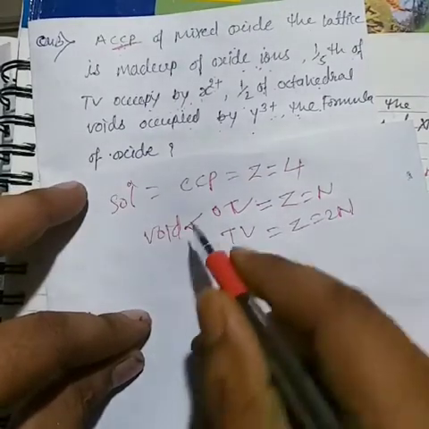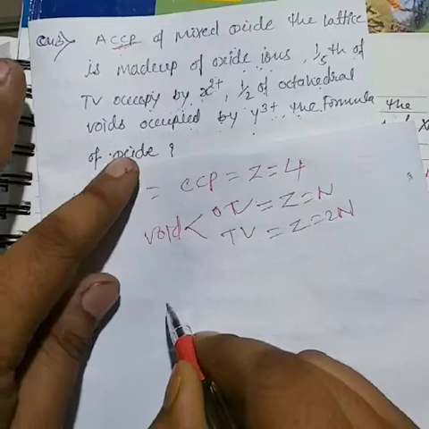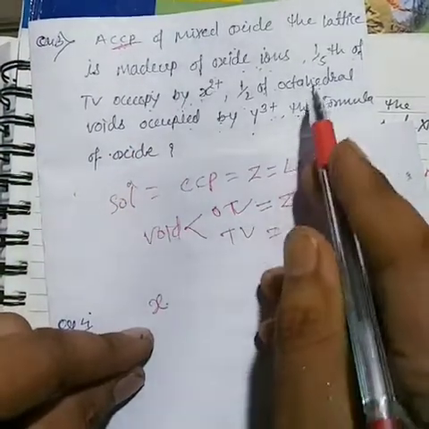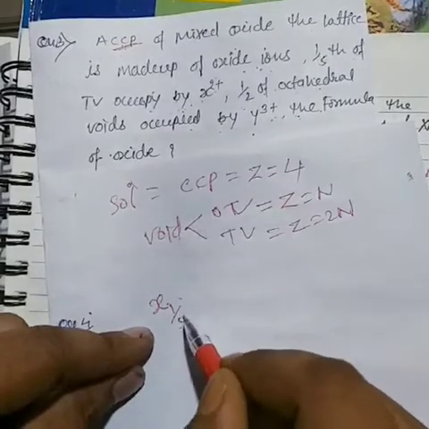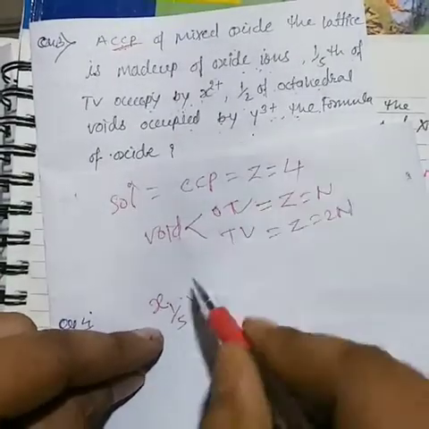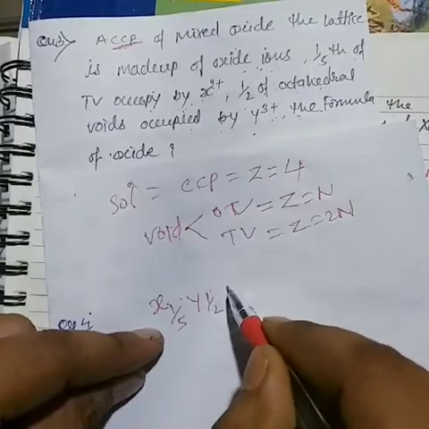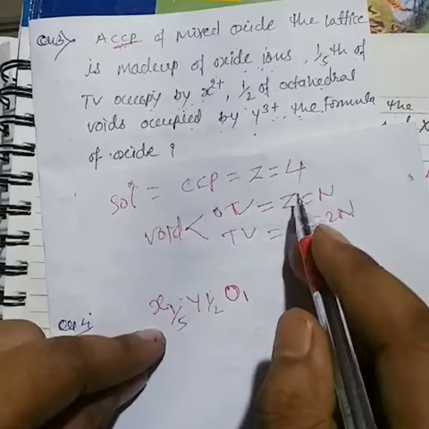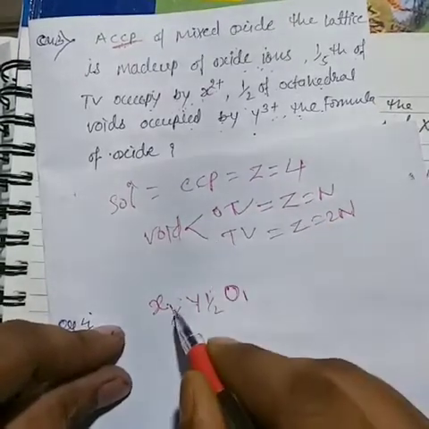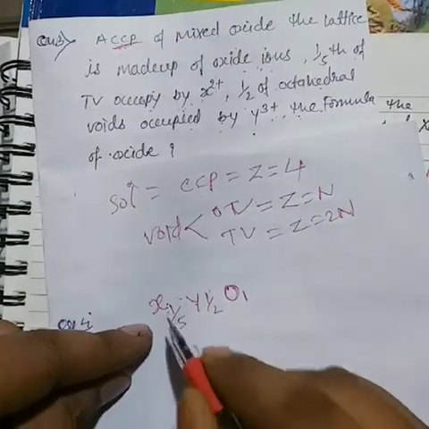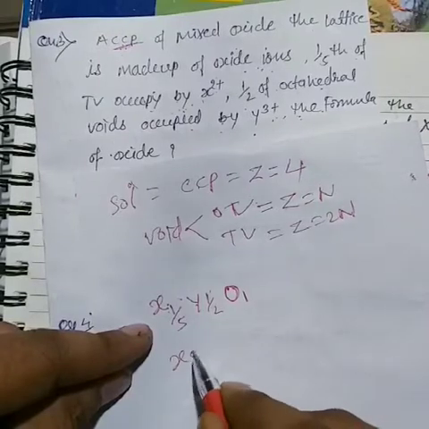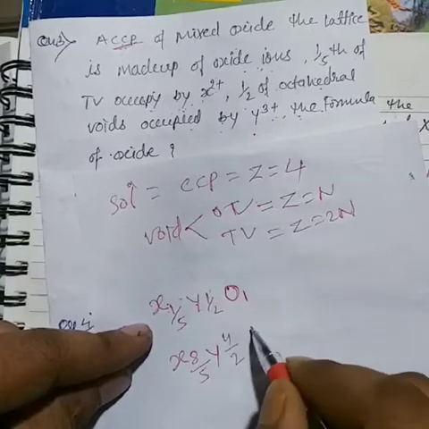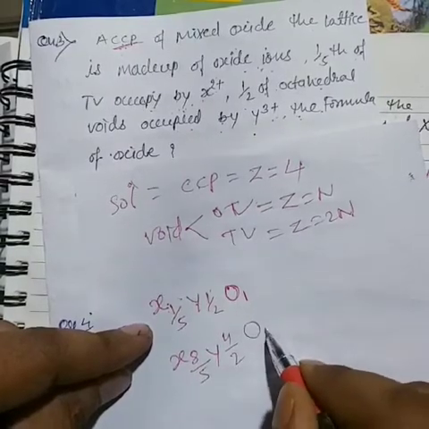Finally I do the solution. Now see, how much is X? 1 by 5. Y, how much? 1 by 2, and oxide, that means oxygen, is 1. We put in the values: tetrahedral gives X 8 upon 5, Y 4 upon 2, and oxygen having 1.